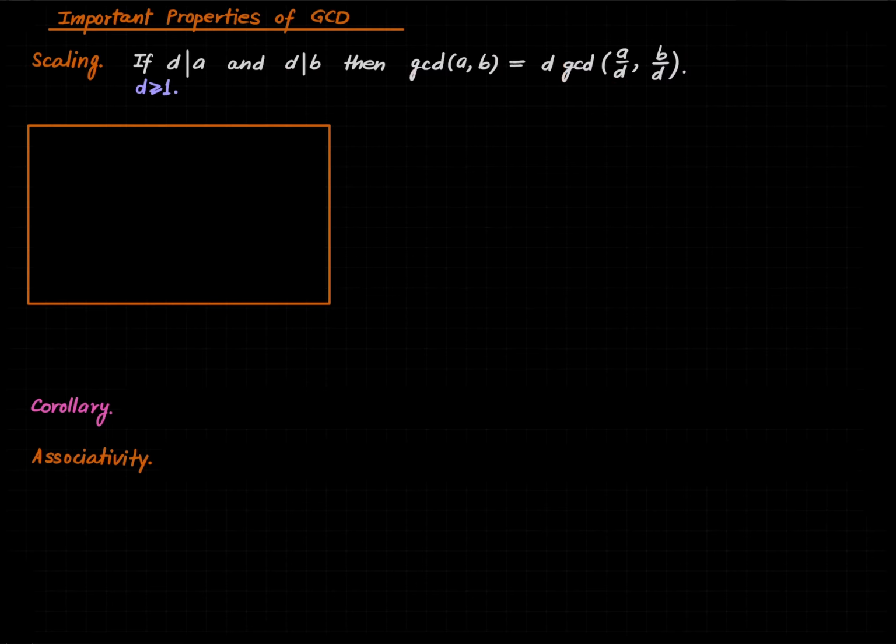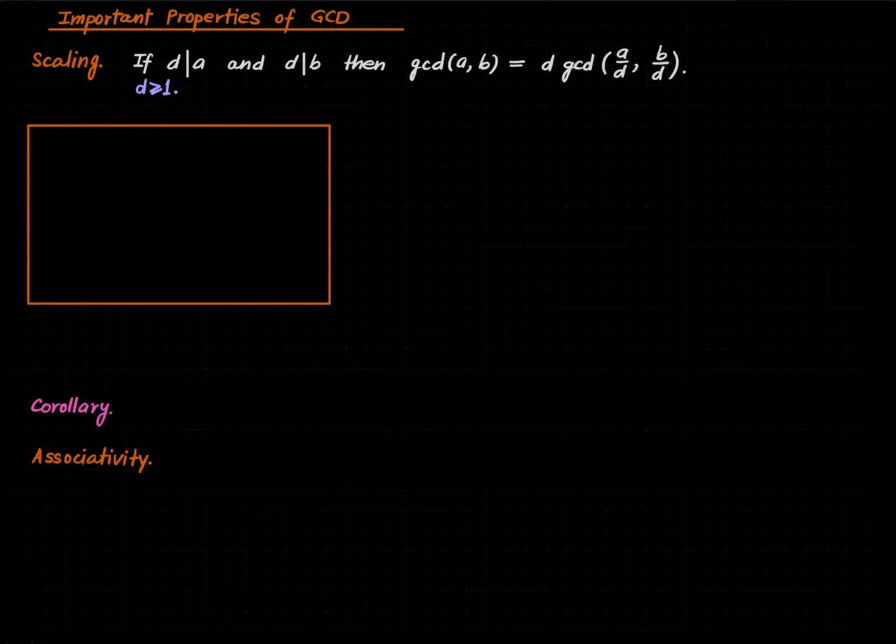So you can pull out a divisor and take the GCD of the remaining. The statement should be intuitively obvious, but it takes a little bit of reasoning.